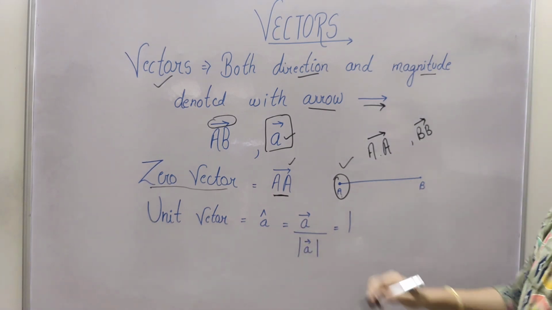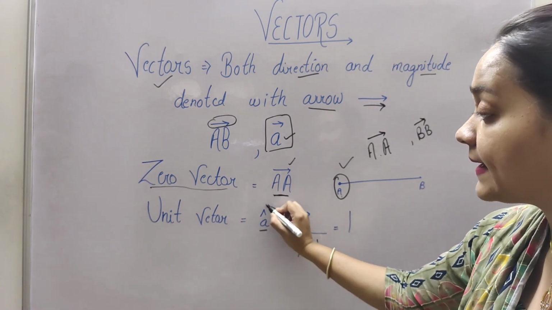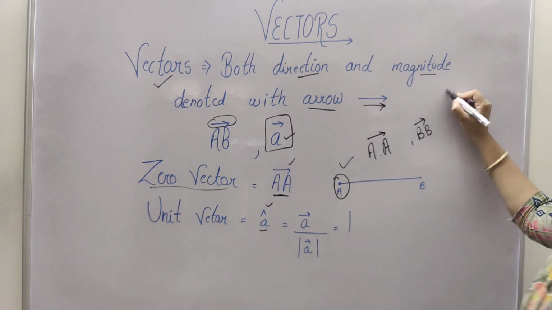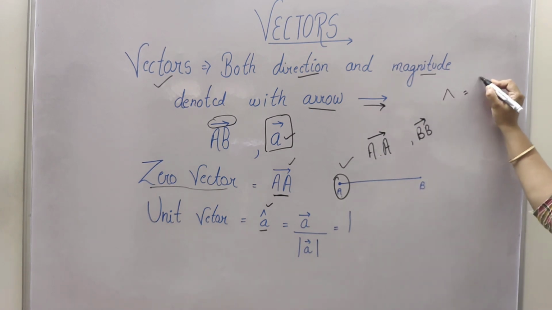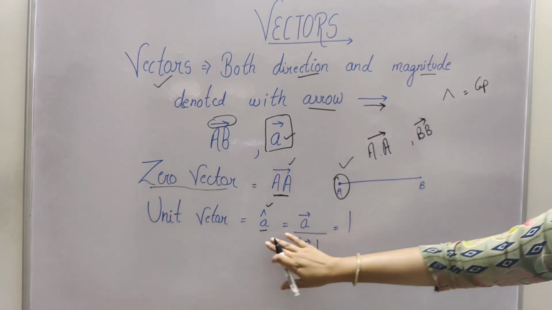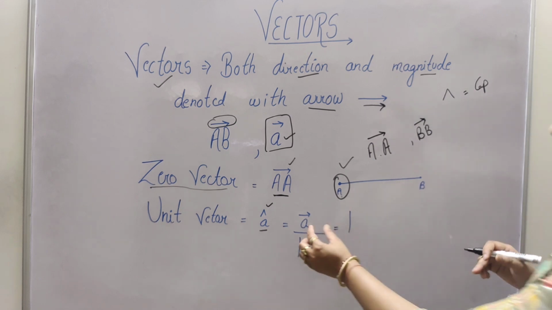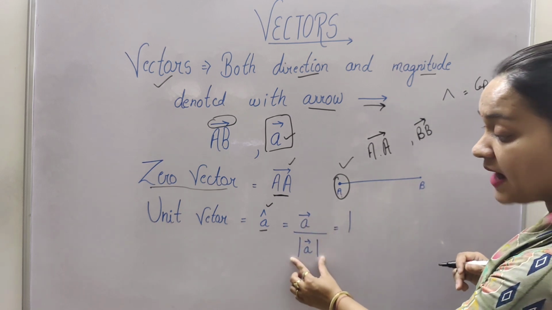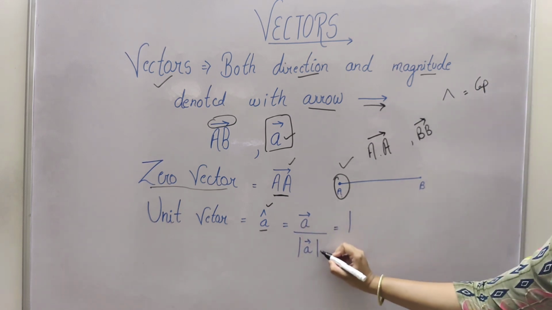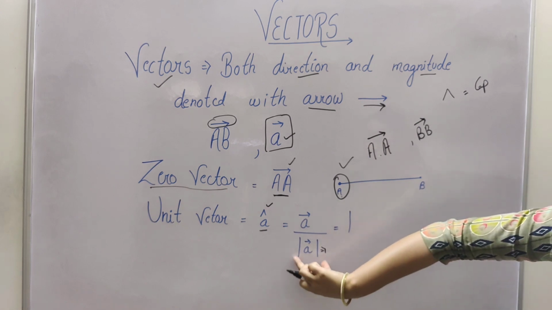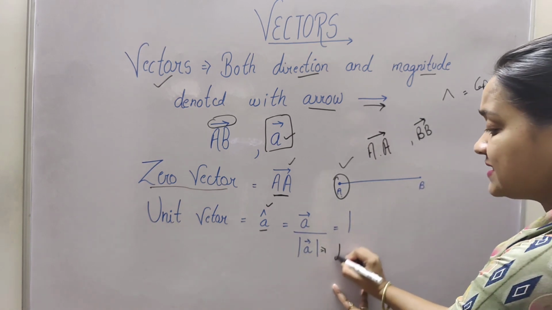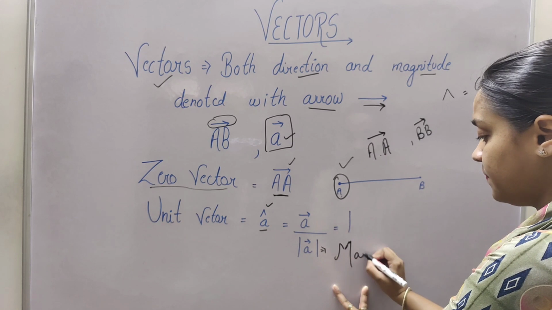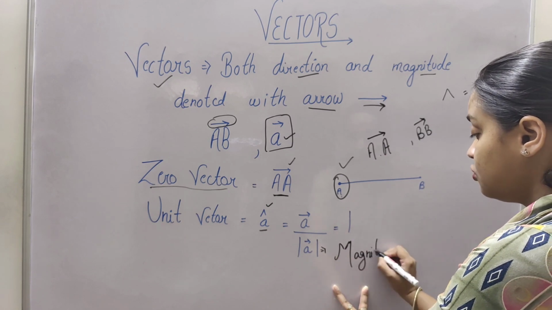A unit vector is denoted by a cap. This sign is denoted as cap. A cap is equal to vector a upon magnitude of a. Now, what does this sign denote? This is basically known as magnitude.